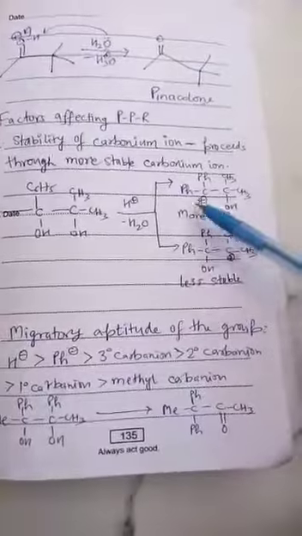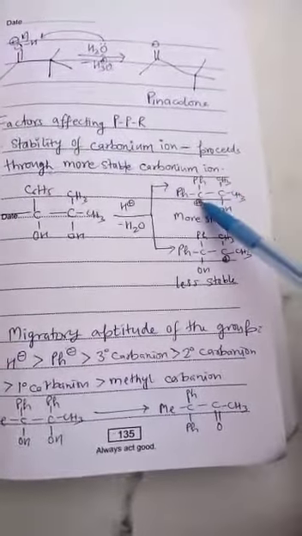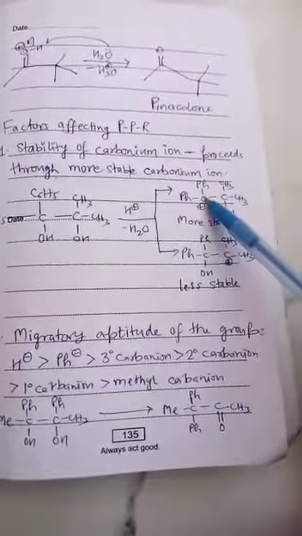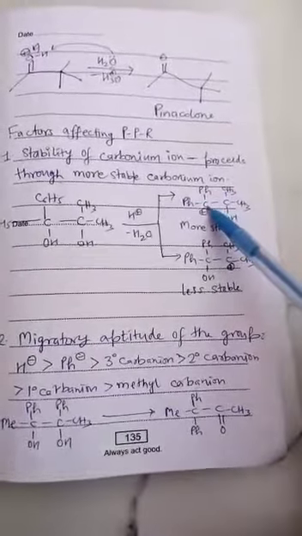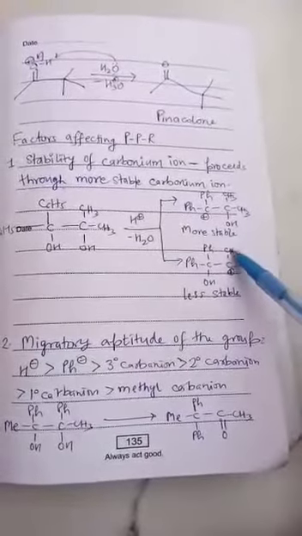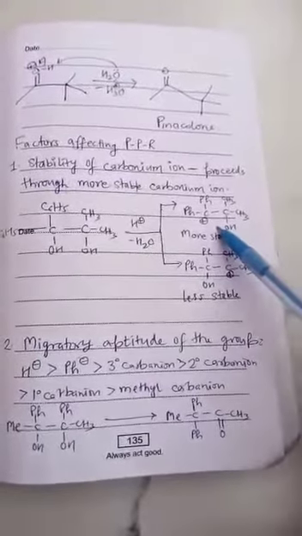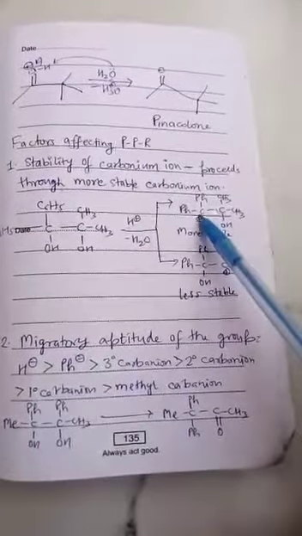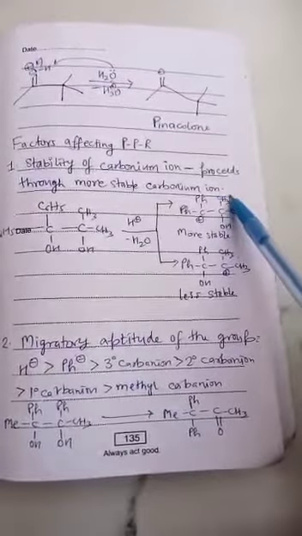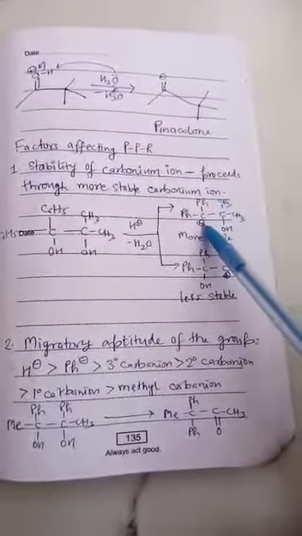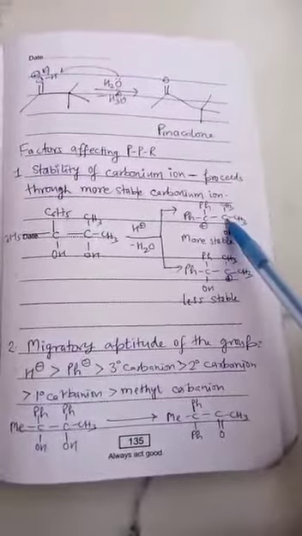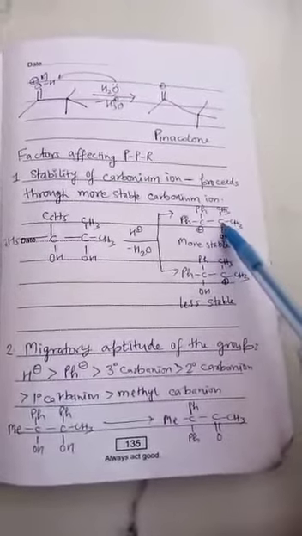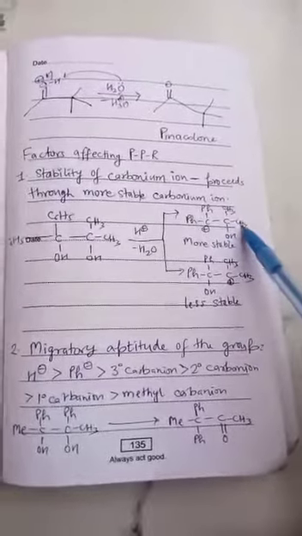If we compare these two carbonium ions, this one is more stable than this, because here the positive charge is adjacent to the two phenyl groups, and here the positive charge is adjacent to the two methyl groups. So the reaction proceeds through this step, and after this step the rearrangement takes place, CH3 will go to this carbon, and this will convert into ketone. So the product will be Ph CH3 C, with a double bond O, and CH3.